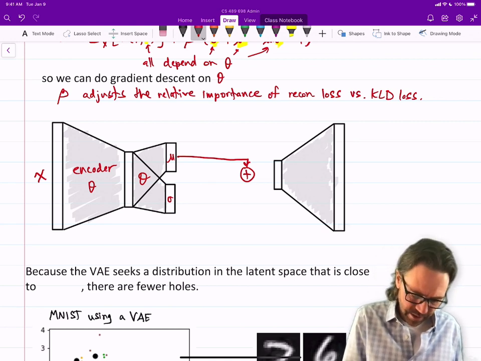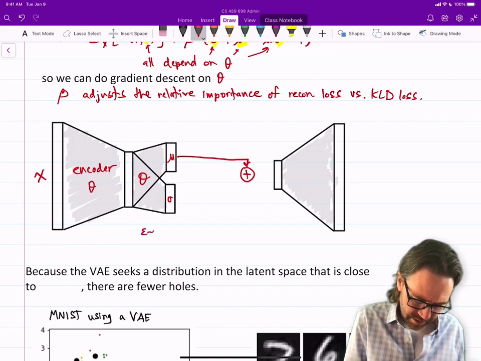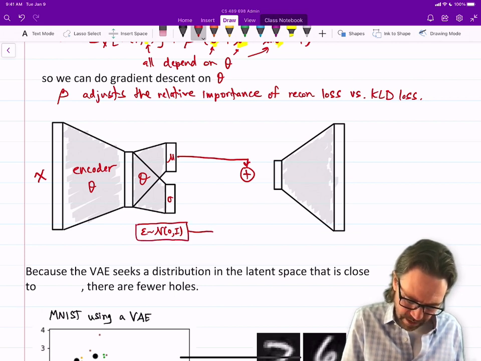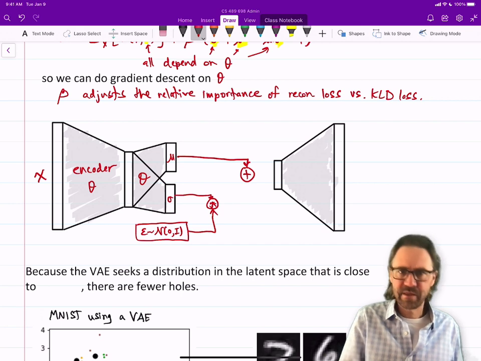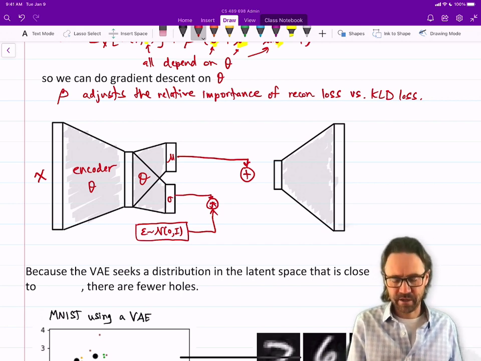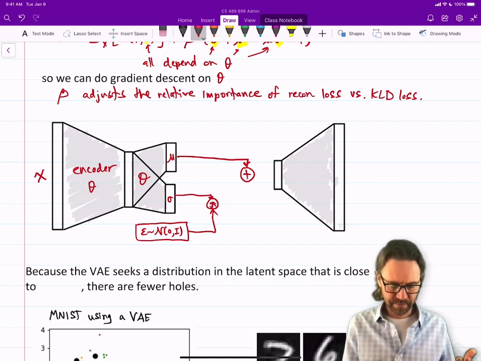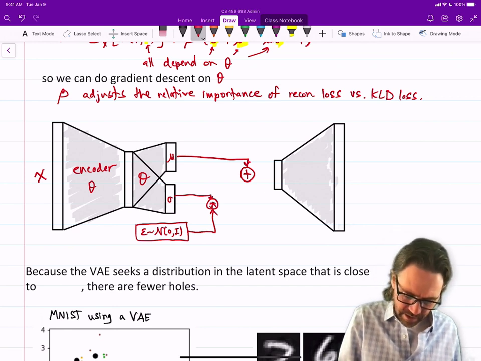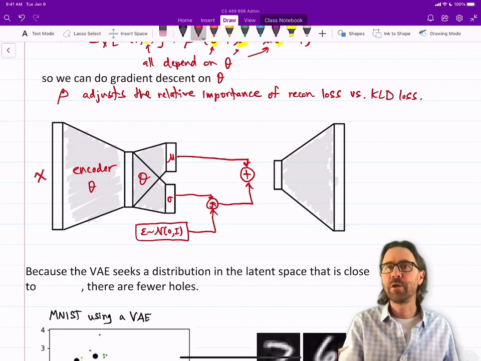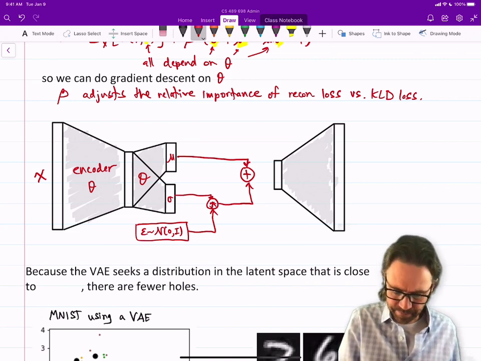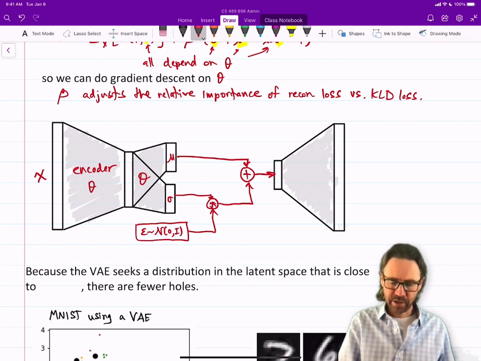The way we do this is we choose an epsilon, I've mentioned this a few times, taken from a standard normal, and we multiply that by our sigma. This gives us a normal distribution with standard deviation sigma, and then we add that to our mu. That gives us a normal distribution with mean mu and standard deviation sigma. And that goes into our decoder.